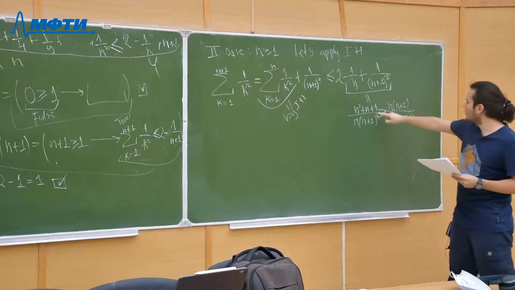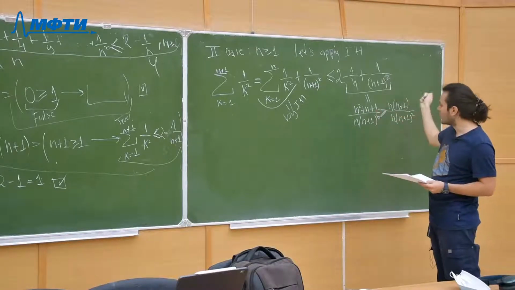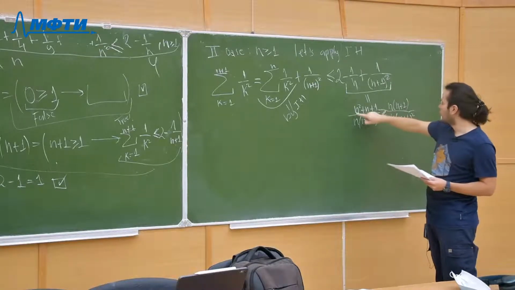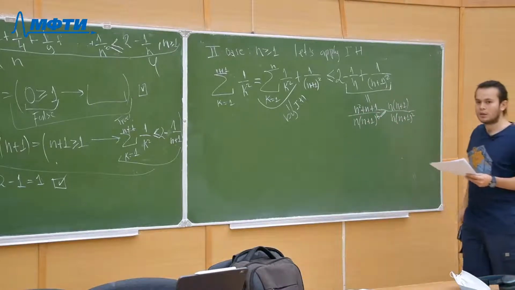All we did was eliminate this 1 from here, and then we obtain n squared plus n, so n times n plus 1.